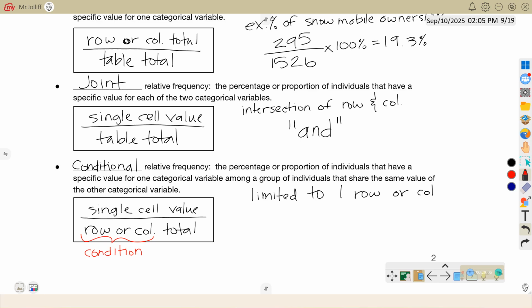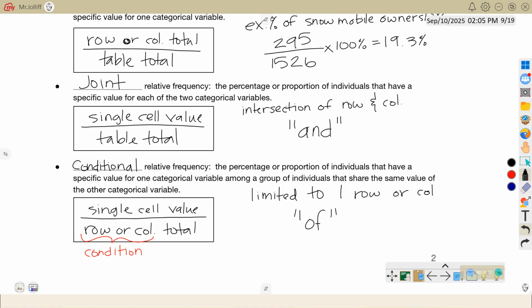So what I'd like to do is introduce that keyword before we move on and then do some examples with some data so we can get some practice. Much like joint probabilities have the keyword "and," when you are given a condition, they are going to use the keyword "of."